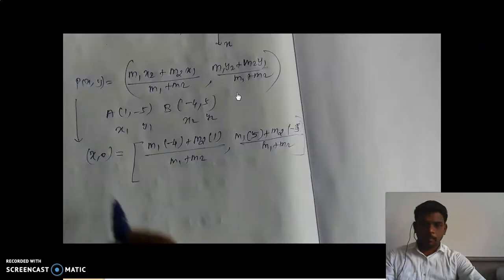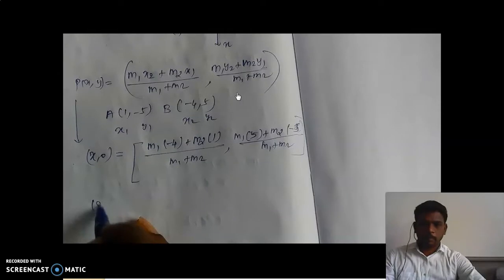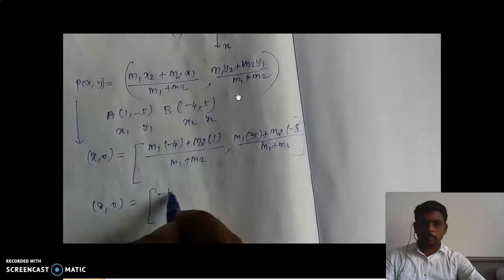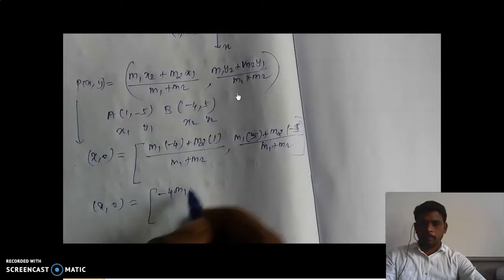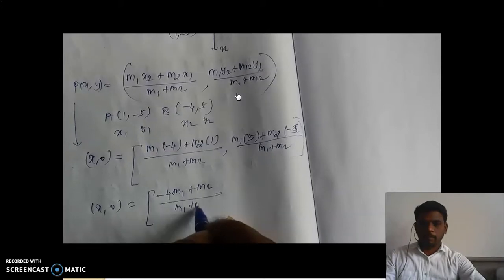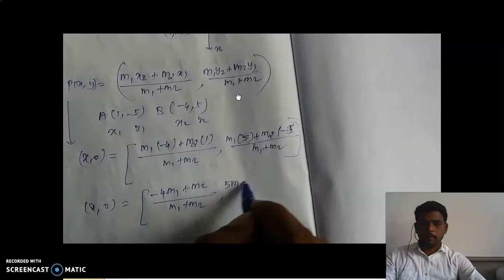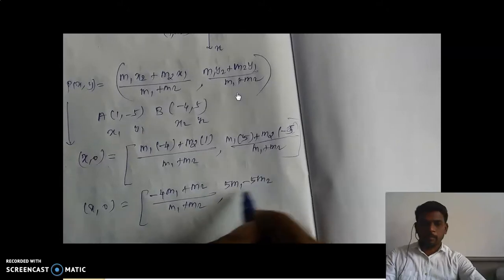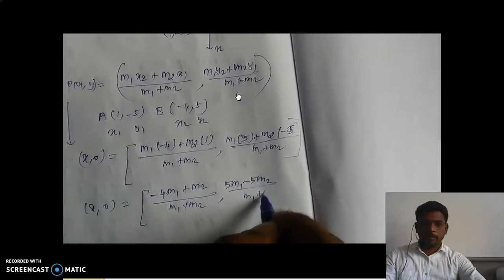So now simplify this: x, 0 equal to -4M1 plus M2 divided by M1 plus M2, comma, 5M1 minus 5M2 divided by M1 plus M2.